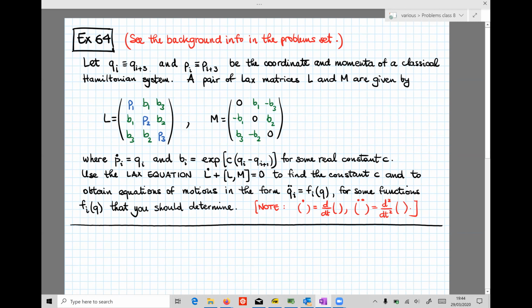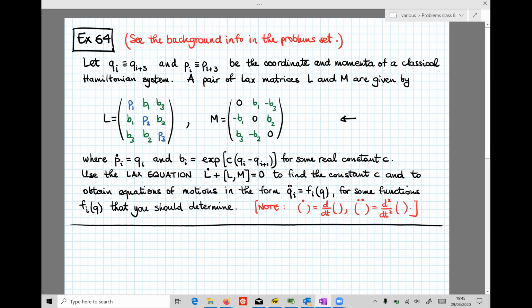So there are essentially 3 coordinates which are periodically identified, and the same for the momenta. So qi and pi, equivalent to qi plus 3 and pi plus 3, are the coordinates and momenta of a classical Hamiltonian system. Then we have a pair of Lax matrices L and M, which should be 3 by 3 matrices because we have 3 degrees of freedom, and are given as here.